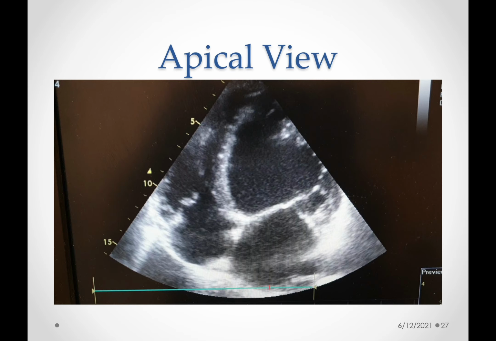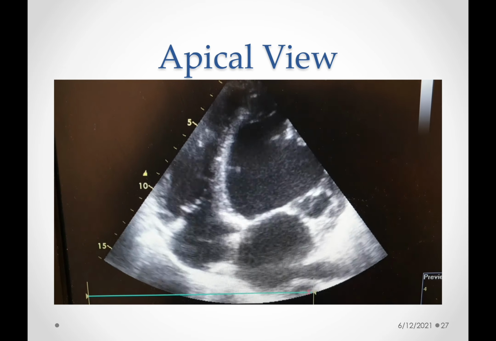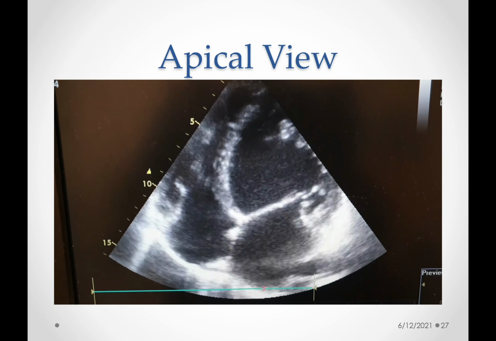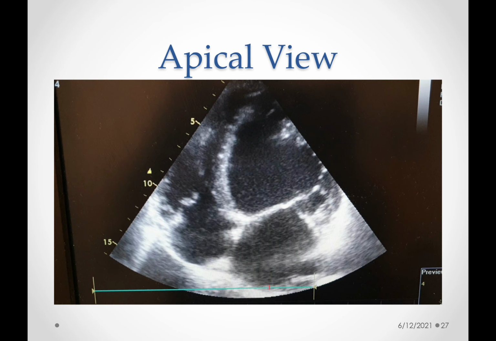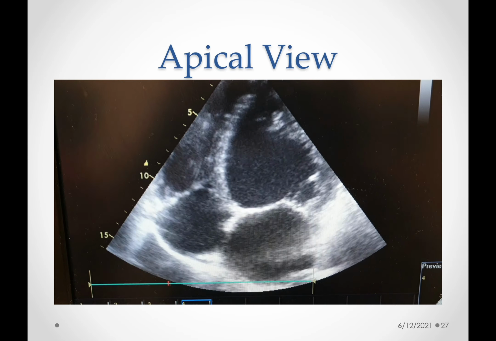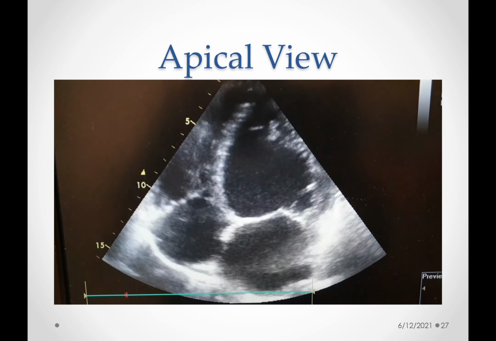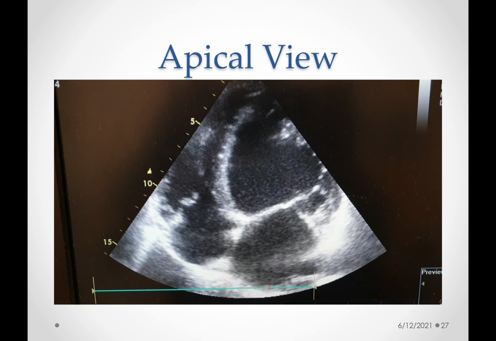And that's why in this particular view it couldn't get everything, and by everything I mean the apex of the heart, but you can see still the four chambers, which is the right atrium on the left lower, right ventricle in the upper left of the screen, and left ventricle on the upper right side of the screen, and the left atrium on the lower right side of the screen.